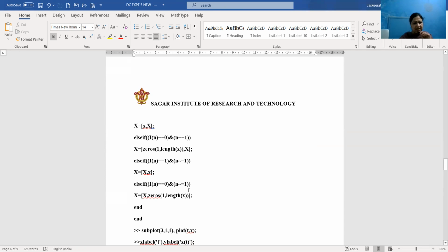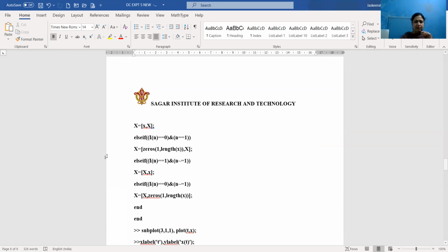So in that case, the value corresponding to that sample will have a modulated signal represented by no signal. So capital X will be represented by capital X, zeros, 1 comma length x. That means it is defined by a matrix having row 1 and the number of columns as the number of samples in x. So all these samples will have value 0.